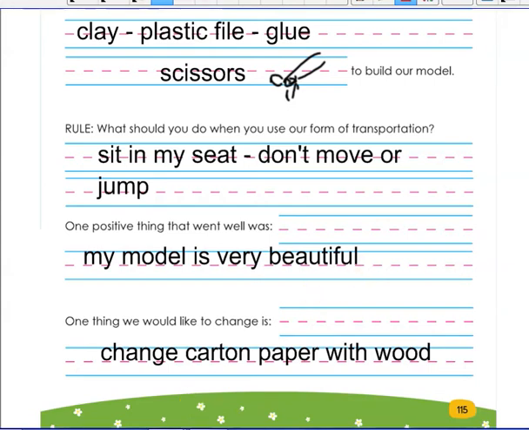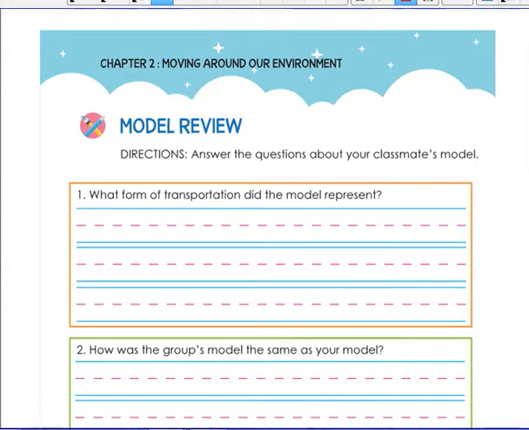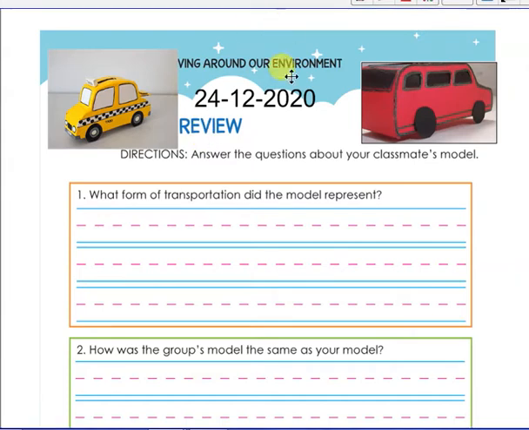Turn the page and write the date. This picture is a model of our class, and this picture is a model of the class next to our class. Okay, Junior 1C. This is a model of Junior 1D, and this is a model of Junior 1C.